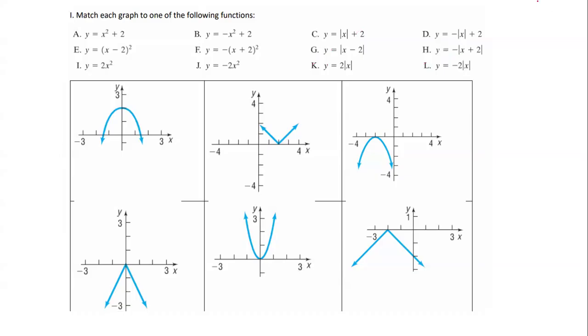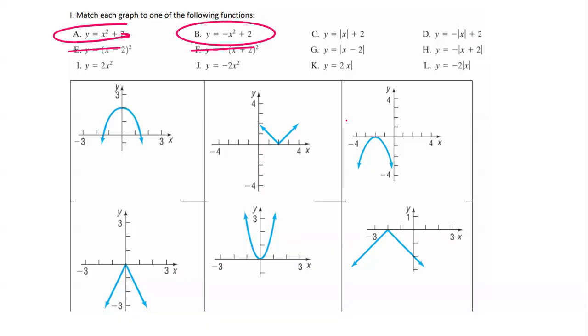All right. So in this case, for the first one there, it has nothing to do with shifting, right? The parabola doesn't shift left or right. So that means automatically I get rid of E and F, right? Because that deals with shifting. If the number is inside the parentheses, that deals with shifting, okay? And also, this one looks like it's going up. So that means it has to be between A and B, right?